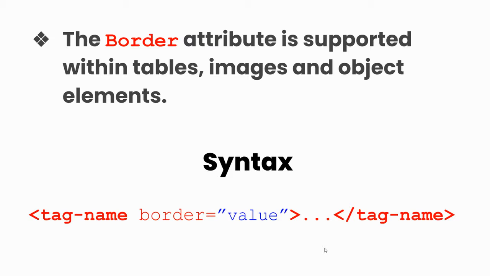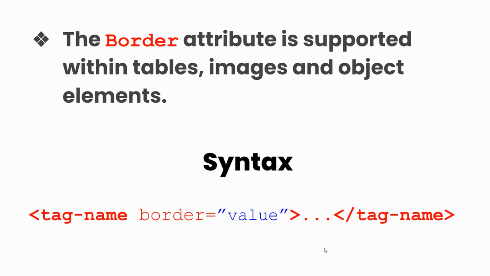As I said before, the paragraph tags, the heading tags, and some of these other tags can also have borders. But their borders can only be gotten from CSS styling. That basically means that the HTML border attributes and the CSS border styling are quite different.